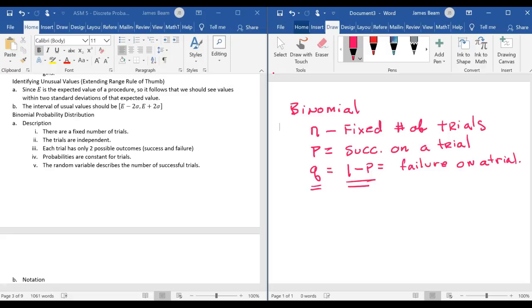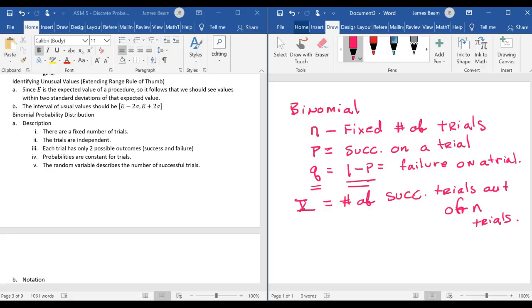So the random variable X is going to describe the number of successful trials out of n trials. There are four numbers being juggled here.